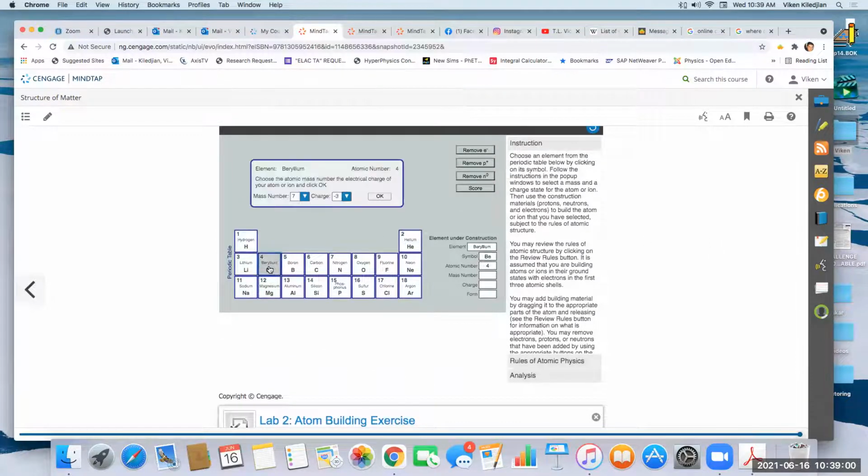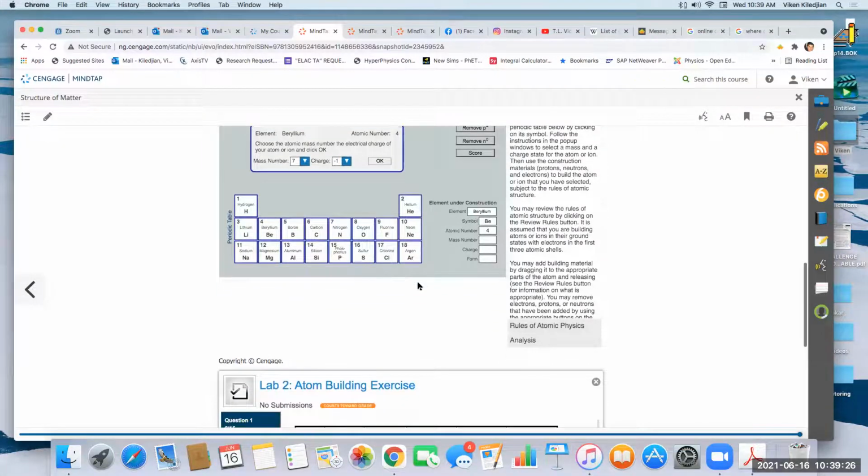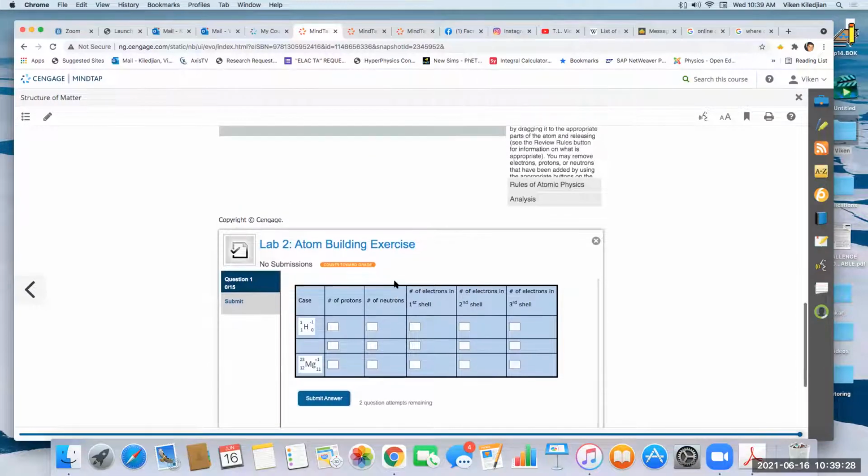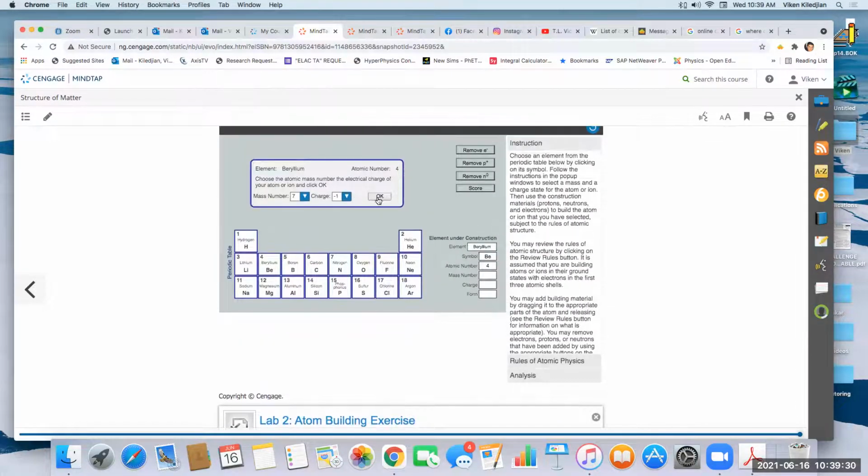So like beryllium, mass number 7, charge -3. Okay, yeah, this one you can kind of practice using this.